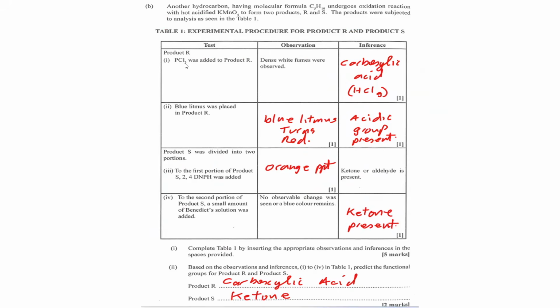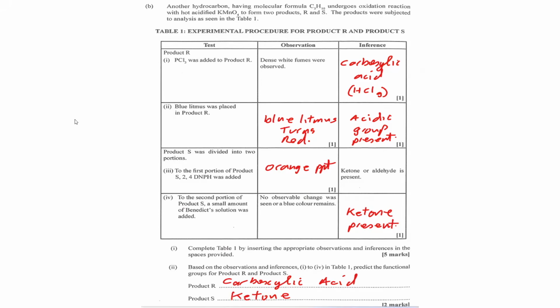Part B. Another hydrocarbon having the molecular formula C5H10 undergoes an oxidation reaction with acidified potassium permanganate to form two products, R and S. The products were subjected to analysis seen in the table. So we have PCl3. Now, what I'm seeing here is they say dense white fumes observed.